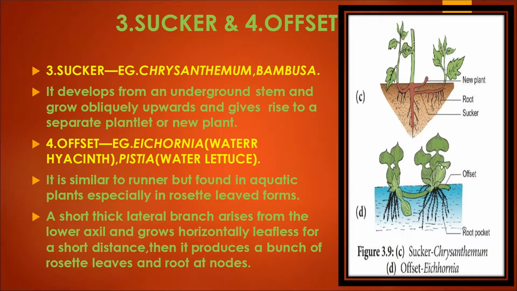Fourthly, we have offset. So offset is seen in the water plants like Eichhornia, water hyacinth, and Pistia, water lettuce. It is very similar to the runner on the ground, but it is found in the water.